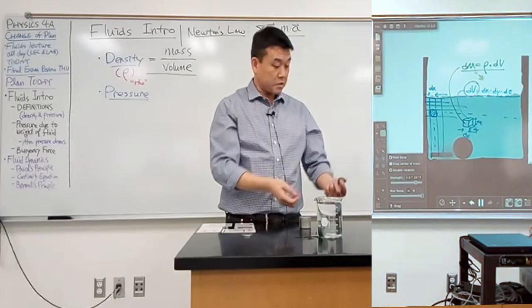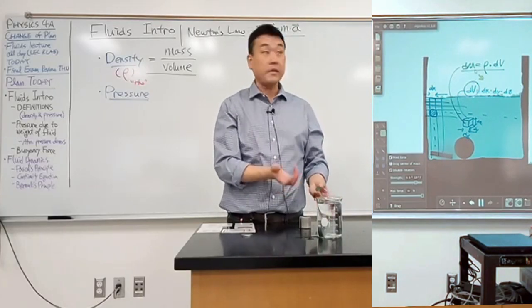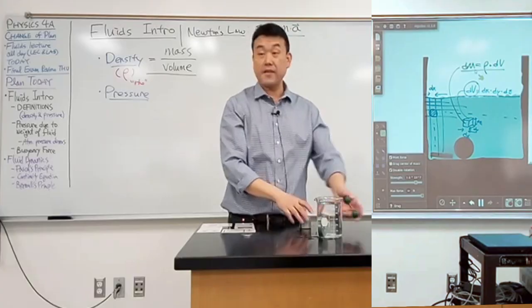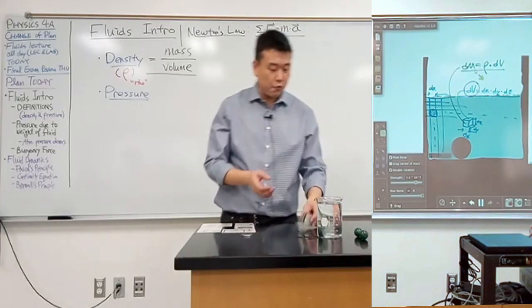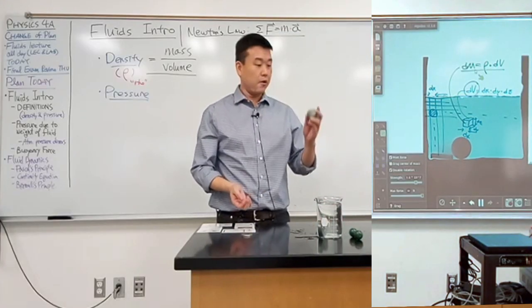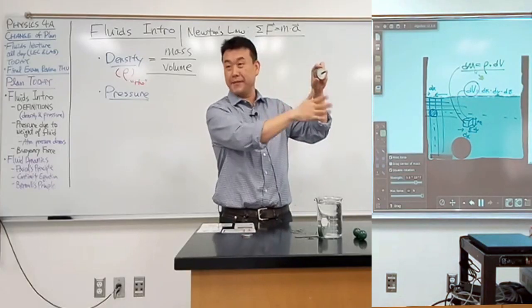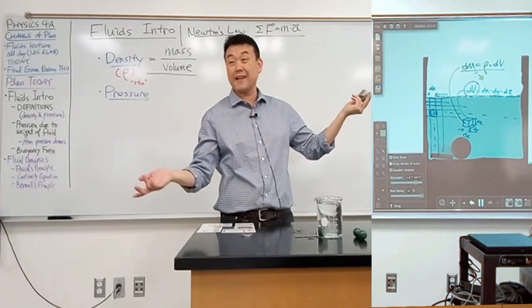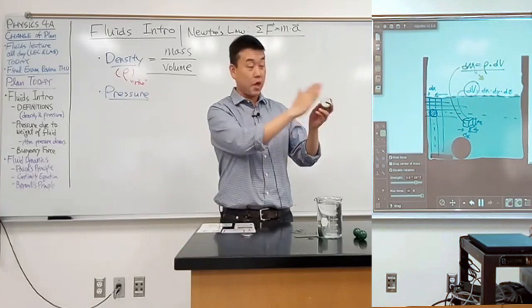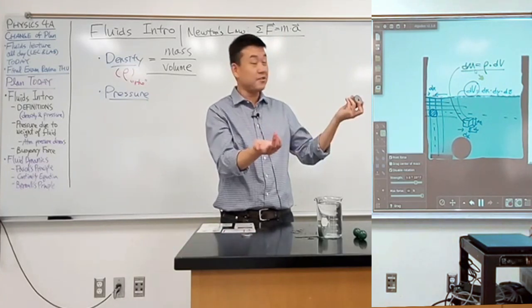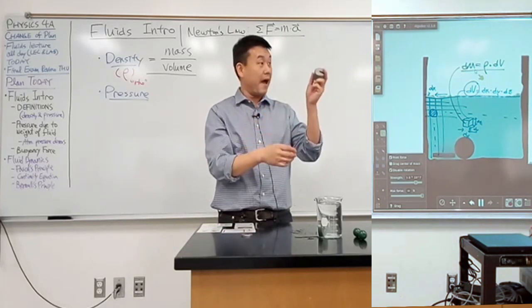So density is a material property that you can actually build a table of. We wouldn't bother making a table of masses, because you shave off a little bit of material and the mass changes entirely. But with density, you shave off a little bit of material and the density doesn't change, because it's the property of iron.